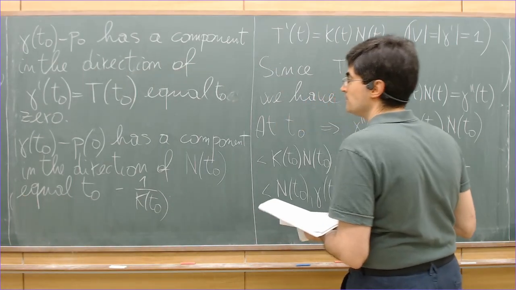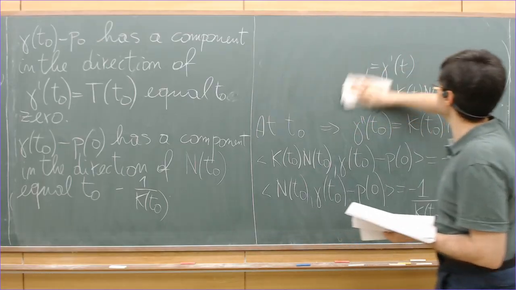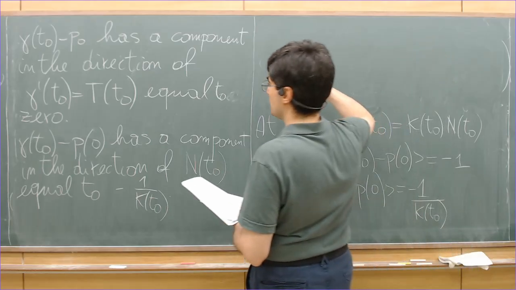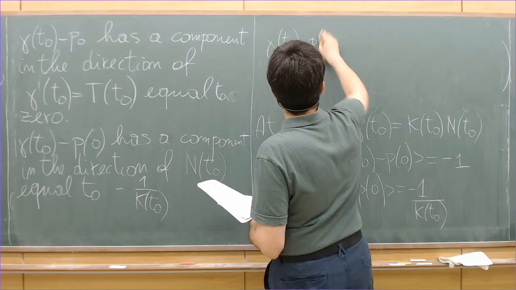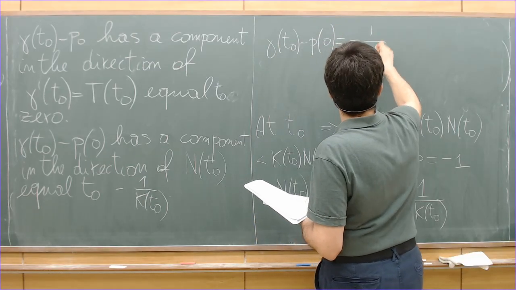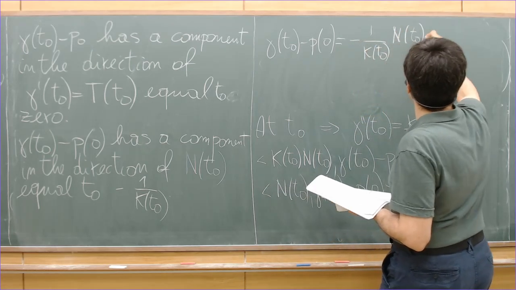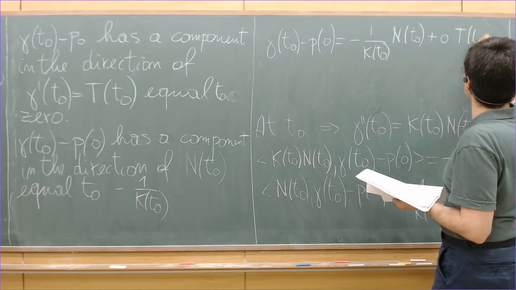We have finished it because using this information we can write down the following. We can write down that gamma t0 minus p0 is minus 1 over k of t0 times N of t0 plus 0 times T of t0.